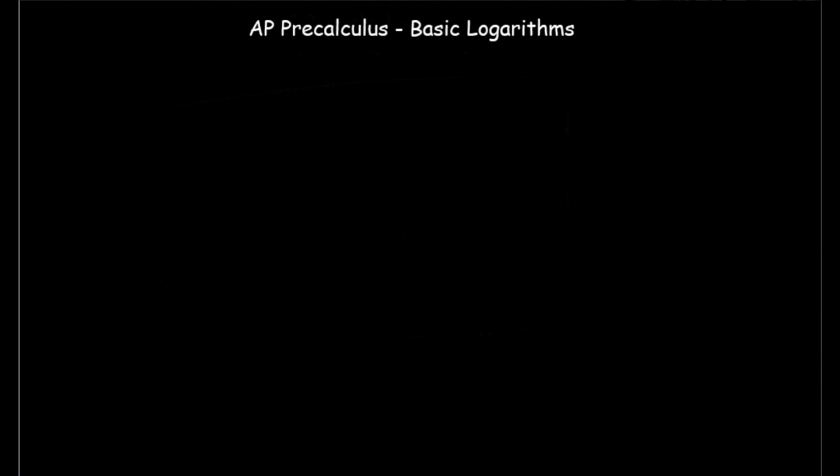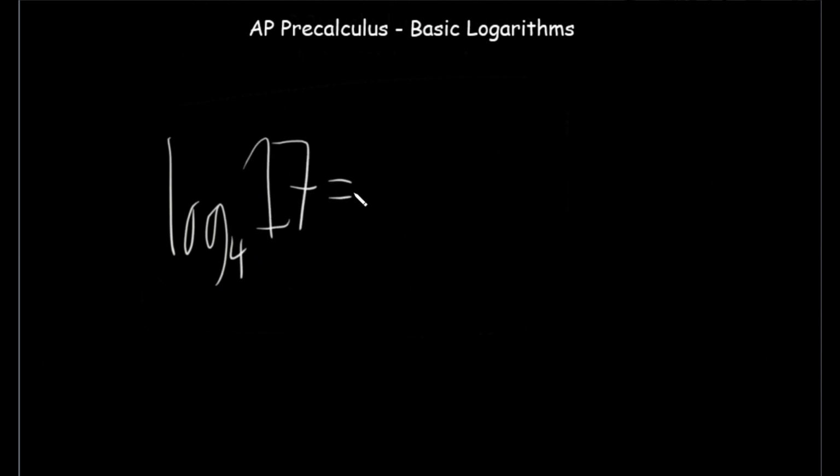So let's say we have, I don't know, log base 4 of, say, 17, and we want to change the base to evaluate this. You can actually change the base to any number that is greater than 0 but not equal to 1.